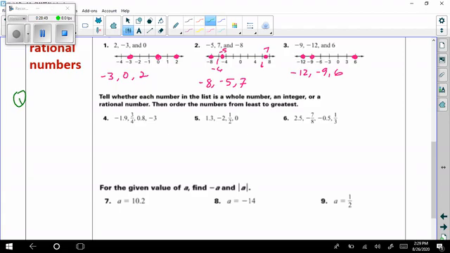So Q equals rational. Remember, Z is equal to integer. And W is equal to whole. Whole, integer, or just rational. Okay, so this first one is going to be rational.